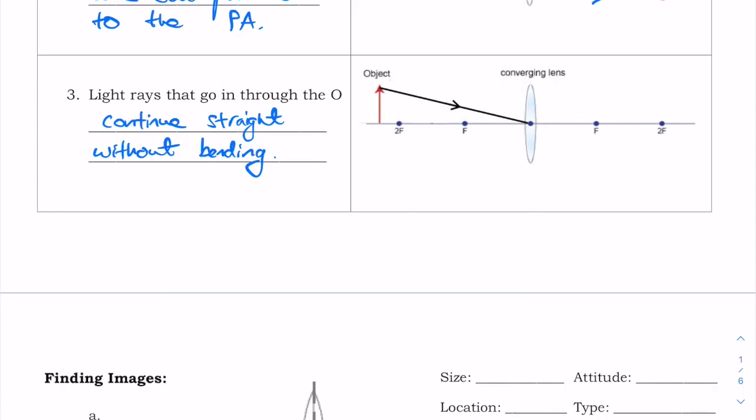This ray of light passes through O, the optical center of the lens, which I'll label as O, and it just continues traveling in a straight line without changing direction. So with your ruler, just extend the line, please, and we'll color code this one green. All right, and those are the 3 rays of light that we're going to use to locate images.